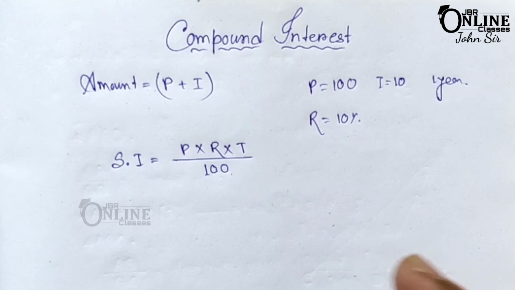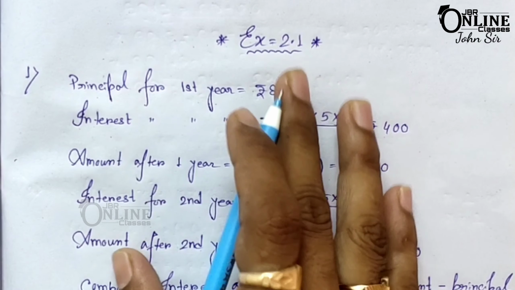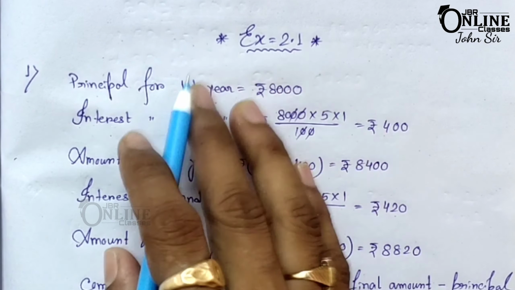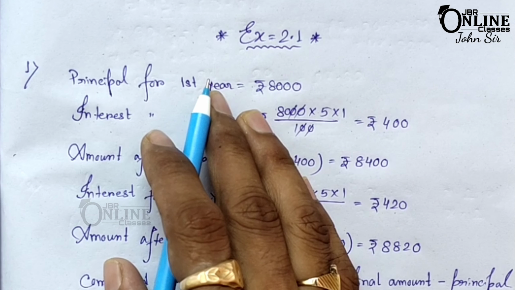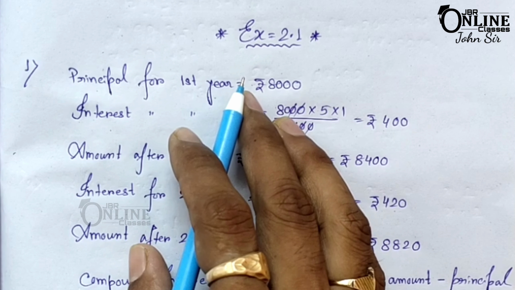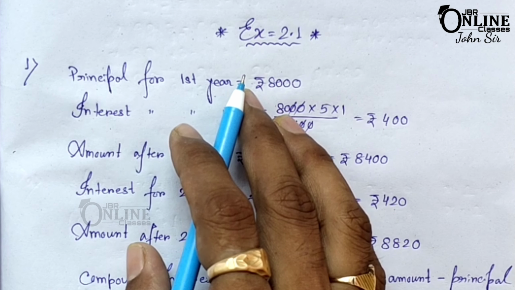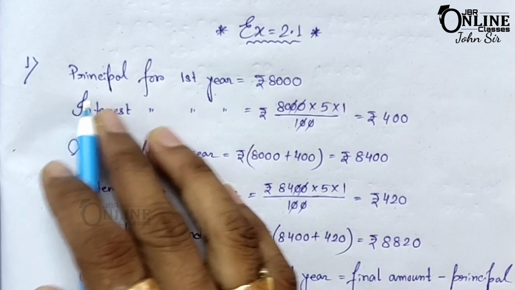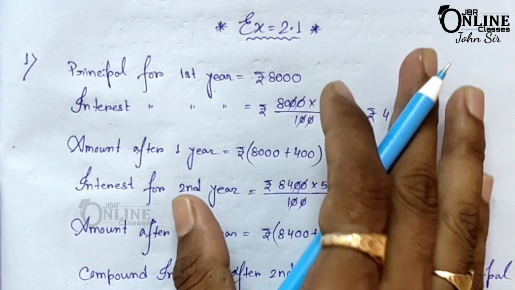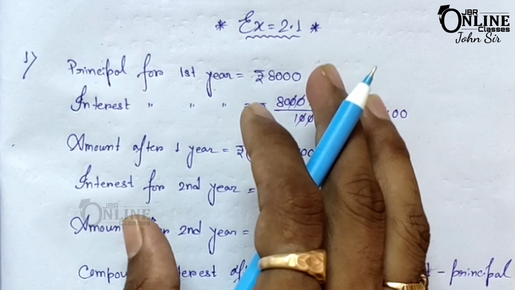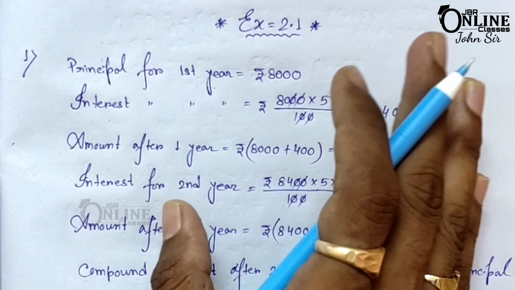Now I am going to start exercise 2.1. Here is the first problem, exercise 2.1, sum number 1. Find the amount and the compound interest on ₹8,000 at 5% per annum for 2 years. So here the principal for the first year is 8,000, rate of interest is 5% per annum, and the time is 2 years.